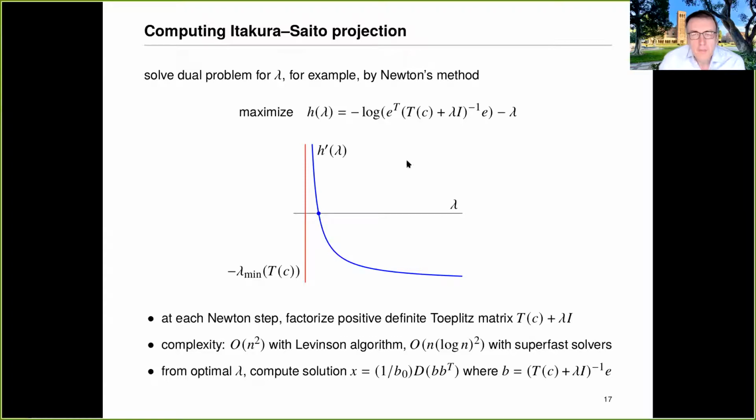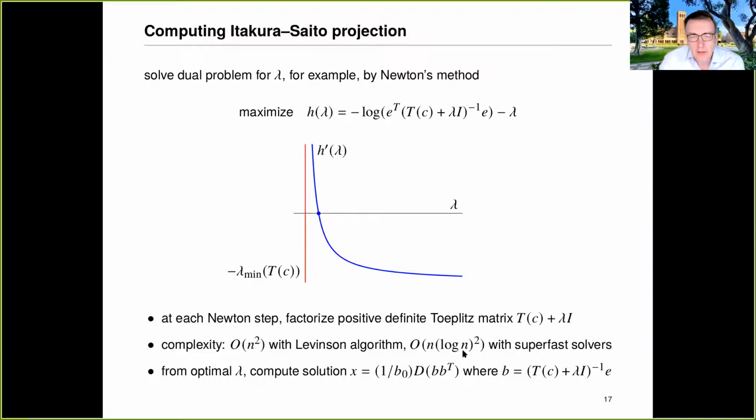That gives us the value of the function, also the gradient, and then we can use that in Newton's method to find this optimal solution lambda, and then plug it in the optimality condition to get the optimal x in the projection. So the cost per iteration here would be order n squared for the Levinson algorithm, because that gives you the Cholesky factorization of a positive Toeplitz matrix in order n squared.